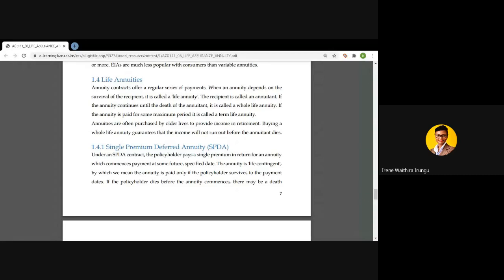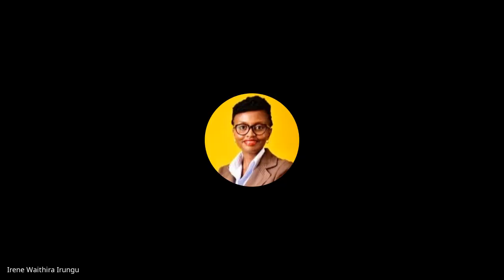An annuity in itself simply means a regular series of payments. When we speak of a life annuity, we call them annuitants and not necessarily policyholders. The annuitant is the one entitled to receive this regular series of payments.